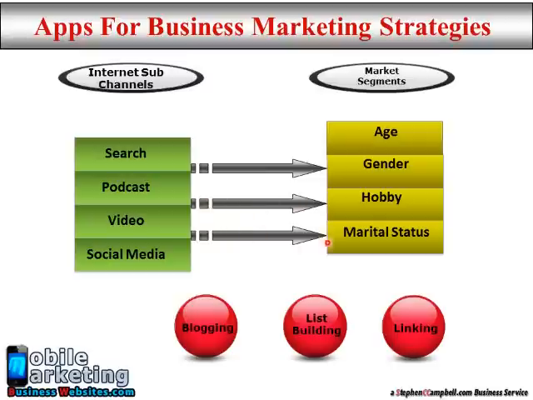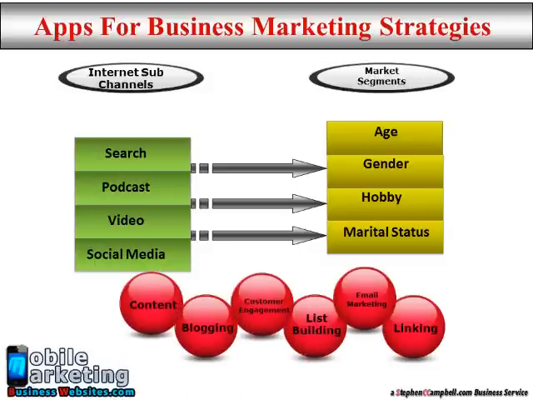Whatever internet sub-channel you use, they go to interface with a particular market segment. And here we've just got some examples of market segments: gender, age, types of hobbies and marital status, divorced, remarried, etc. And with all of the internet, whatever you use, you want to be taking into consideration various means for getting people to take notice of where you are or what you're doing. Blogging, you always want to be building your list and doing linking, of course.